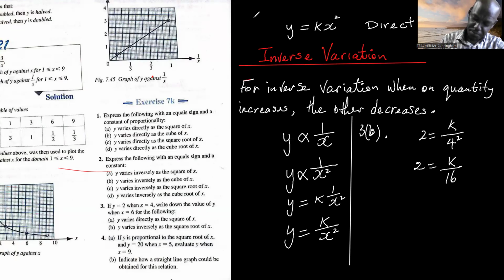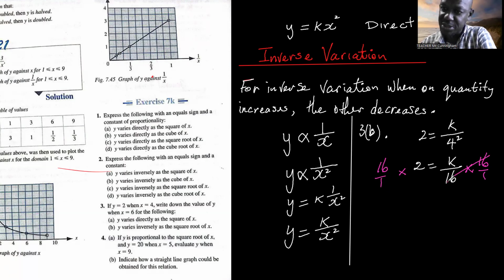So you multiply by 16 on both sides. Thank you, Theodora. All right, so we are multiplying by 16 on both sides.